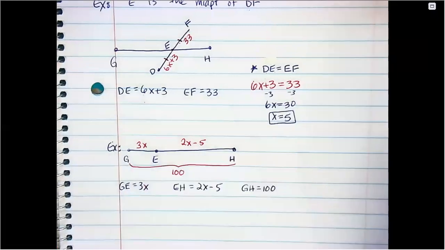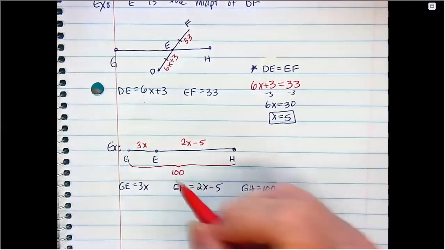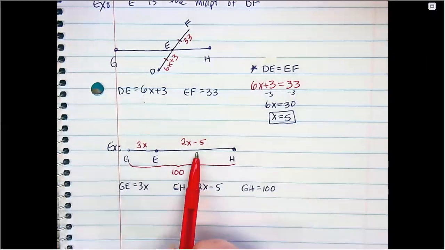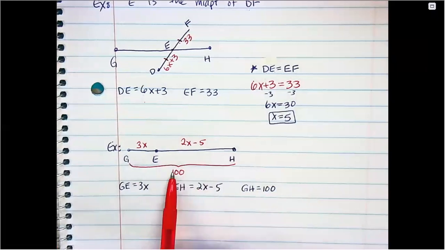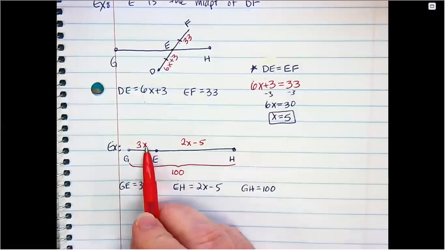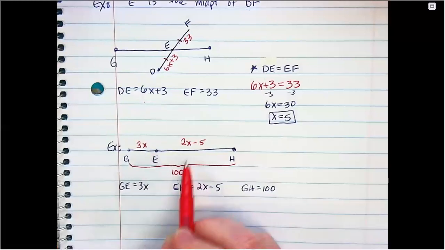Now, hopefully you're going, wait a minute, I've seen this before, like 10 minutes ago when we were talking about segment addition, when this part plus this part equals the whole. And that's what we're going to use. Remember I said there's a clue: if you're given the whole segment, we're going to use segment addition, because we know that this part plus EH is going to equal GH.